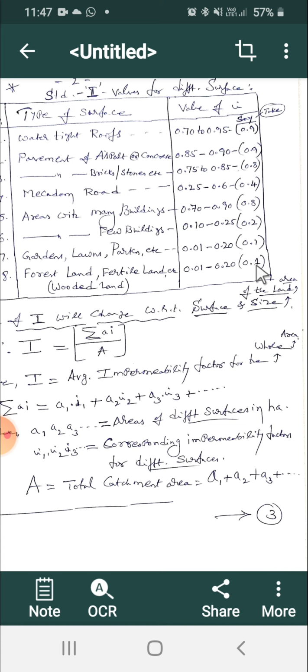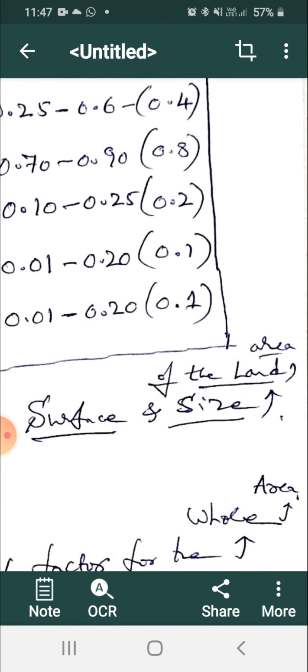Try to understand: when the runoff is more, this value is also more, because that is actually a waterproof area. Because the water infiltration is less, the runoff is always more. It is common sense. Now, this I value will vary with respect to the area. This I will be changing with respect to the surface and size of the land area. Remember it. Okay, agree?